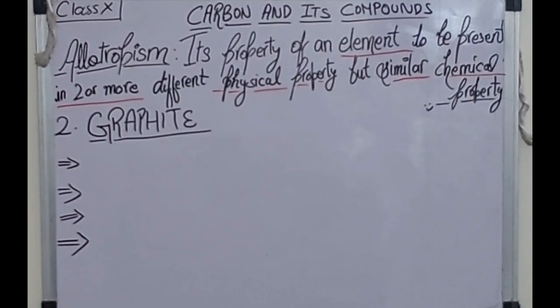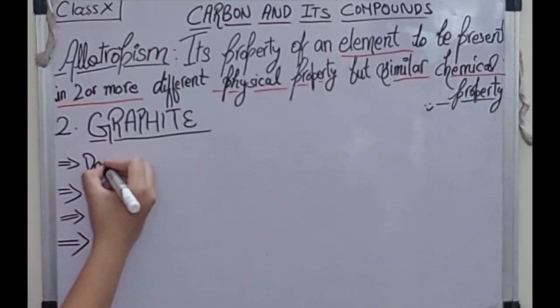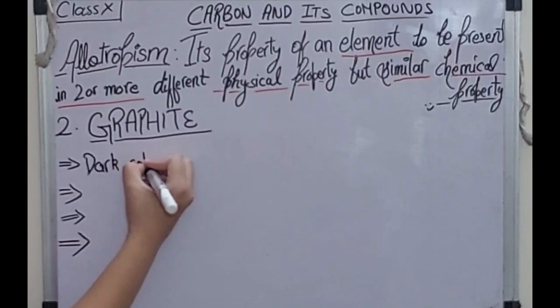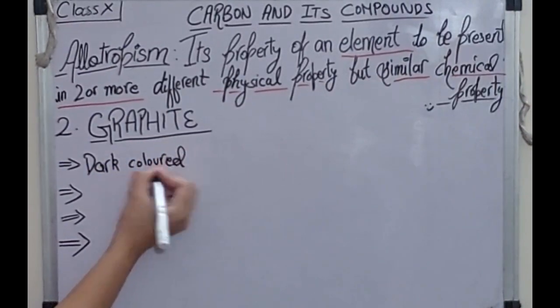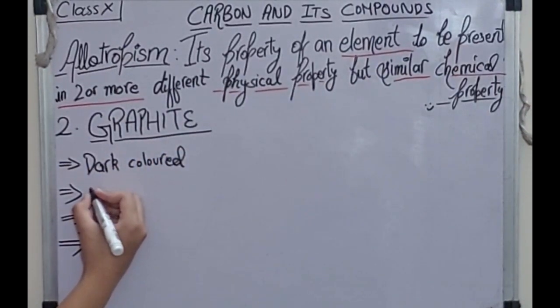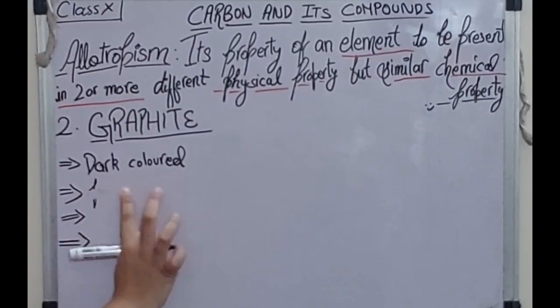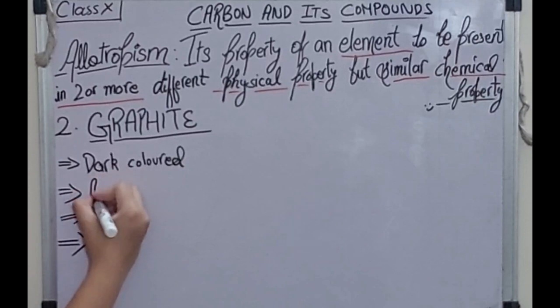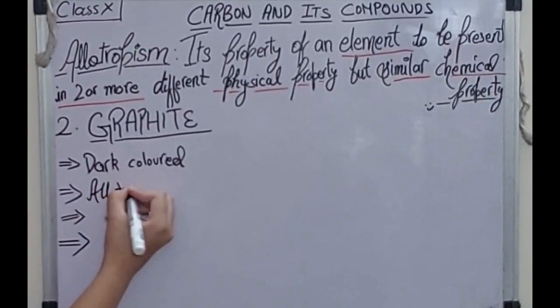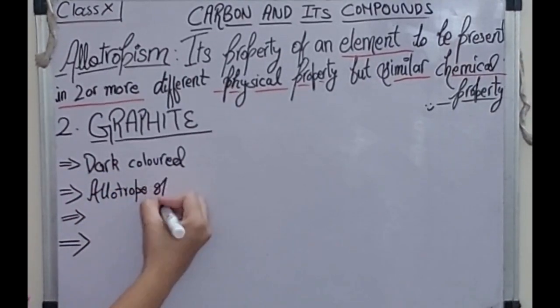Okay. So these are the 4 points about graphite. I don't know if I can name 4 points or not, but okay, let me try. It's dark colored. First point I should write: allotrope of carbon.